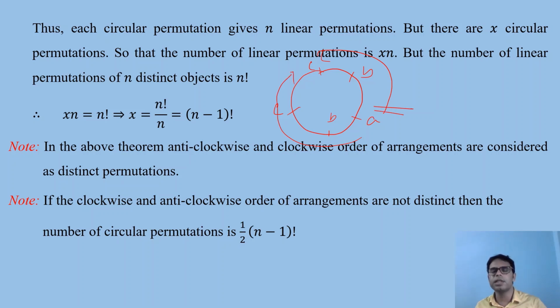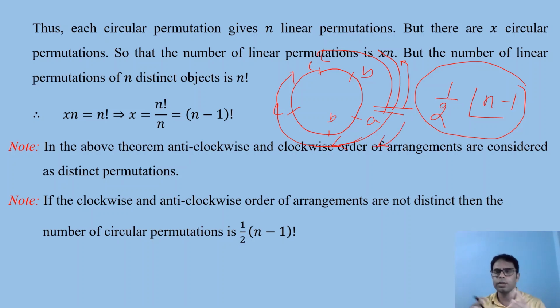So if these types are there, then the total permutation number will be half of the total permutation, because they are not distinct. These and these are the same. If you go anti-clockwise, and if you go clockwise, it will be the same, and the same should not be counted 2 times. Therefore, it will represent half of the total number of permutations. I think it is clear to you.